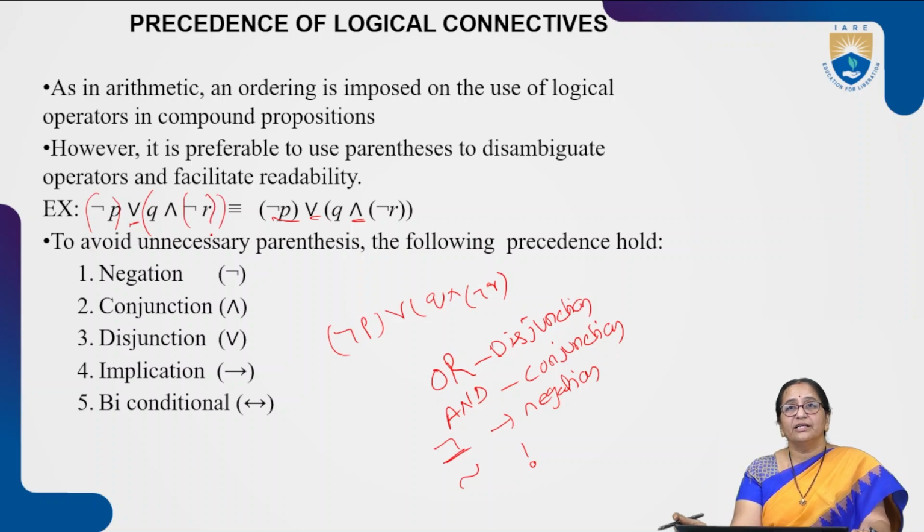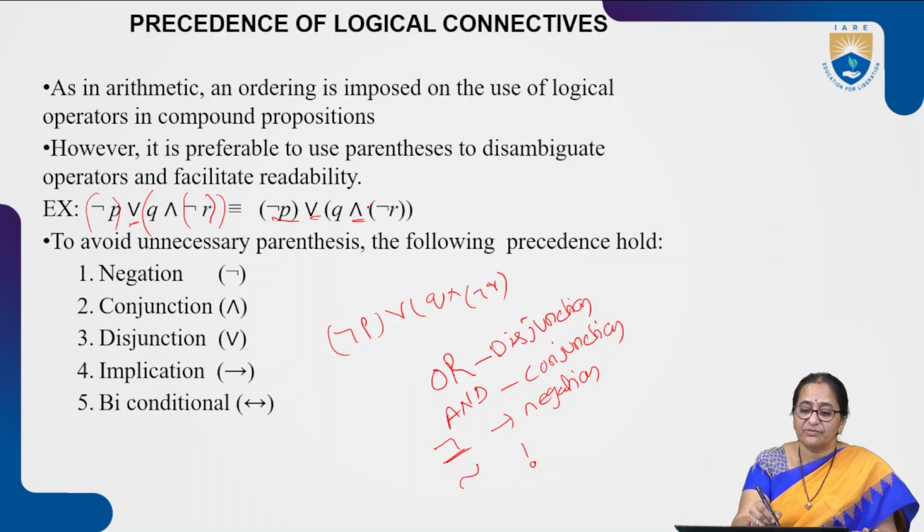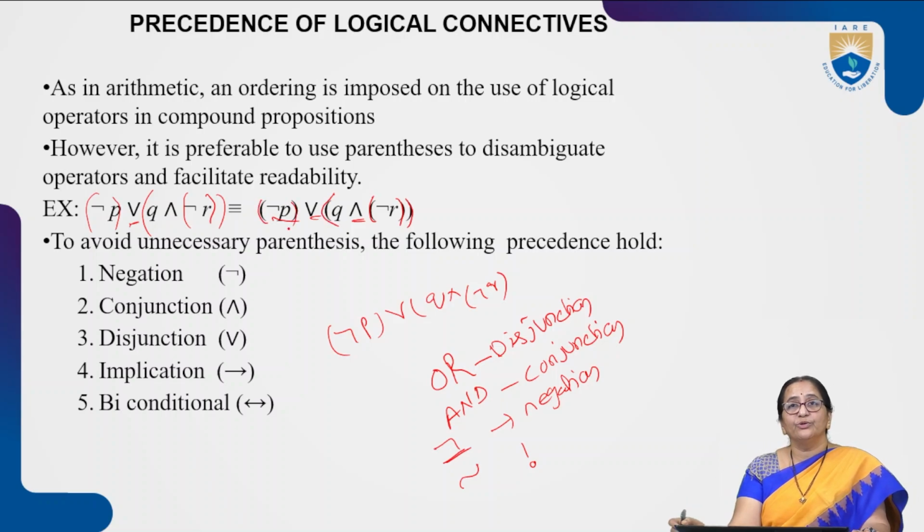Next, we need to enclose all these with parentheses. To avoid unnecessary parentheses, we first compute negation of R. Negation of P we can compute directly, so there is no need to apply parentheses for that. We need to avoid these confusions and unnecessary parentheses.